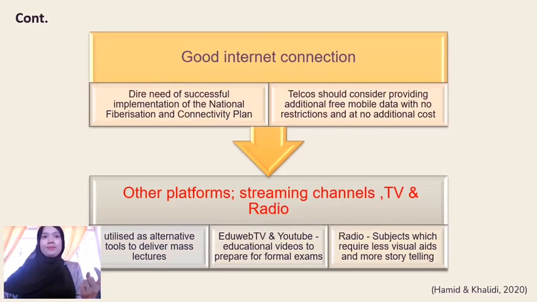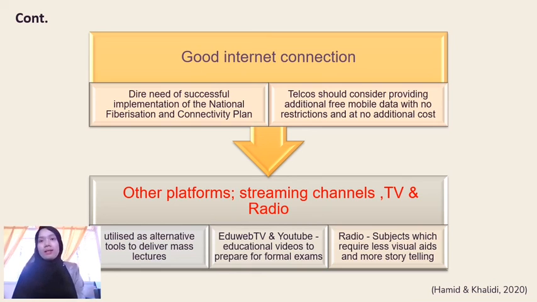Thirdly, for a smooth and effective e-learning process, good internet connection is vital. It becomes more urgent now to ensure successful implementation of the National Fiberization and Connectivity Plan, especially to the suburban areas and rural areas such as at the school that I'm teaching right now.